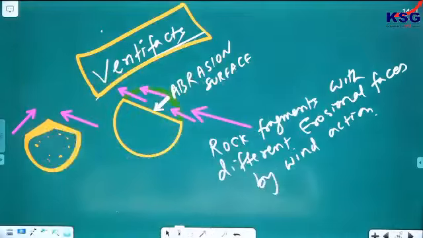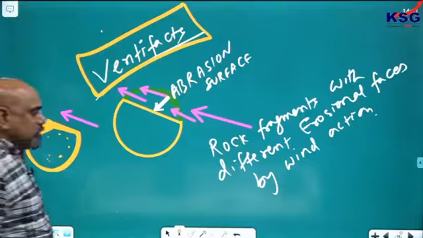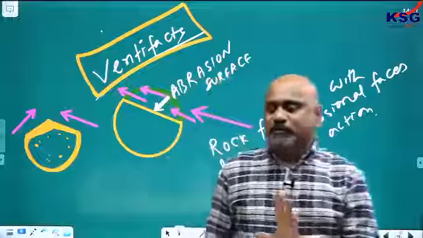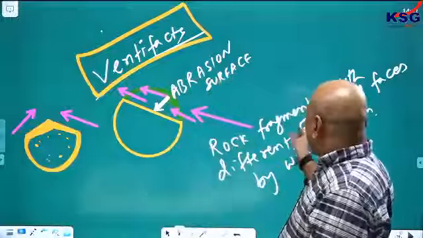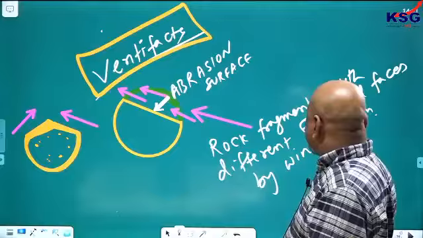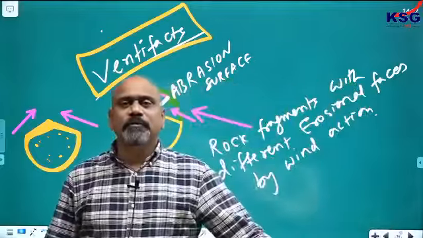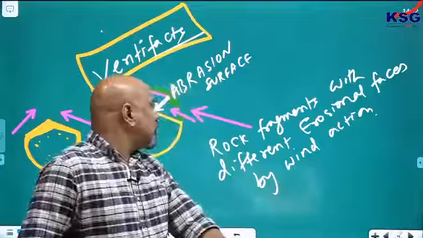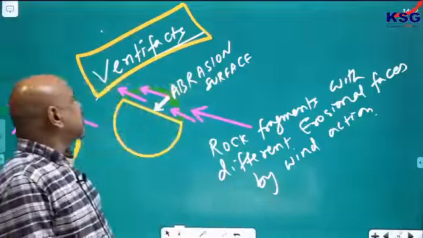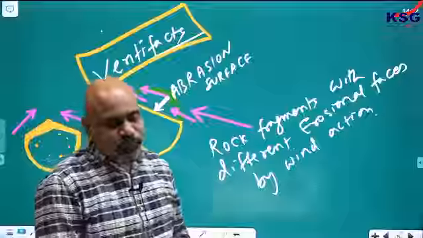Wherever we have different faces of a rock, a stone, pebbles or cobbles, rock fragments with different erosional faces by wind action, they are called ventifacts.